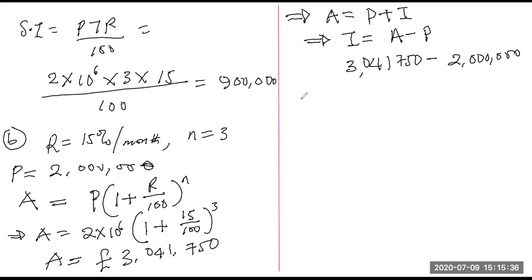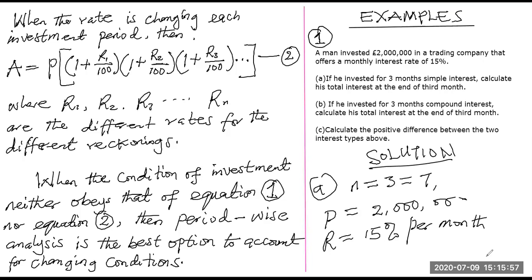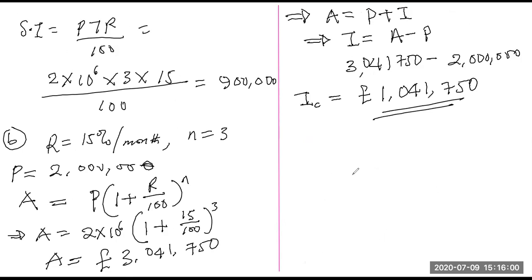And of course, we have his interest from compound interest to give us 1,041,750 pounds. So this is the money he made from compounding, which is higher than the money he made from taking a simple interest. So do you see the essence of compounding your interest?